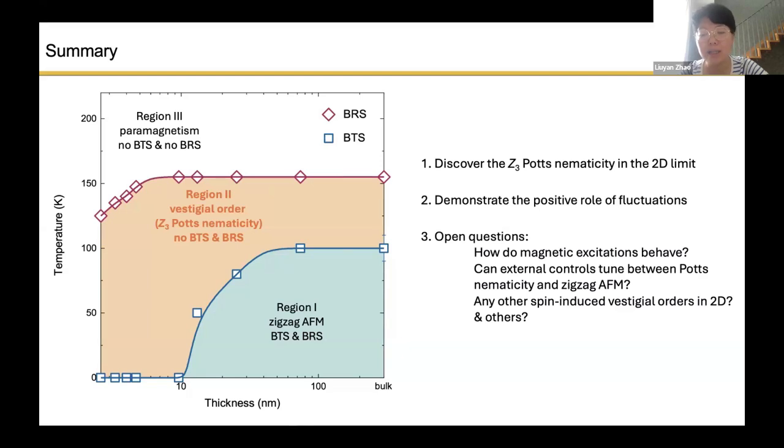We can also ask whether we can do some kind of external control to manipulate across the nematicity and antiferromagnetism transitions. And we can ask whether there are other systems where the spin fluctuation can give interesting vestigial states. Maybe there are also many other questions that we can brainstorm after this first demonstration.